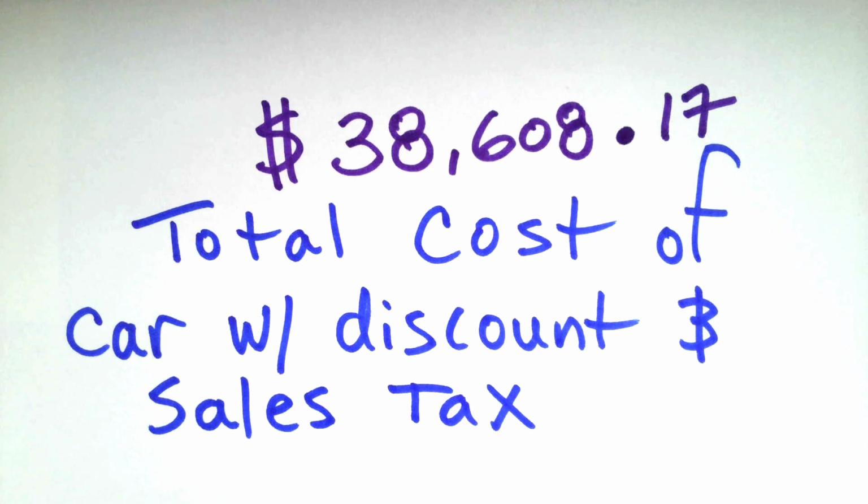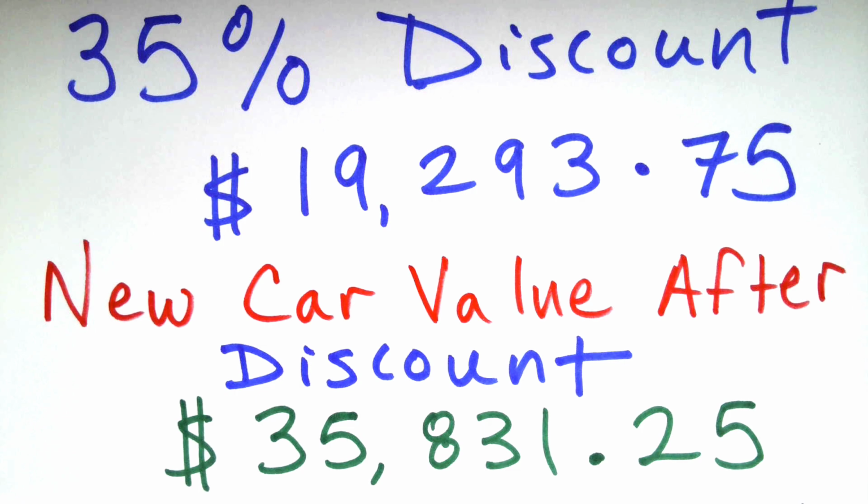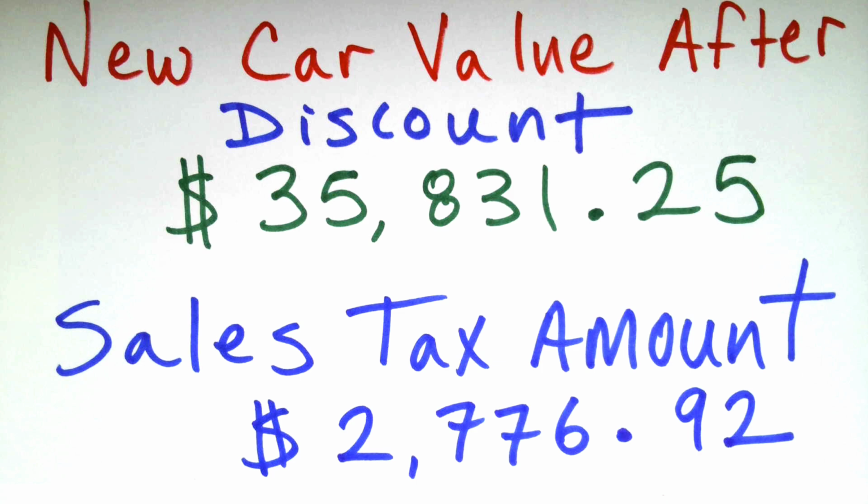Hey, let's take a quick review of what we've done in this particular problem. All right, so 35% discount equals $19,293.75. All right, so the new car value after we subtracted that discount was $35,831.25.